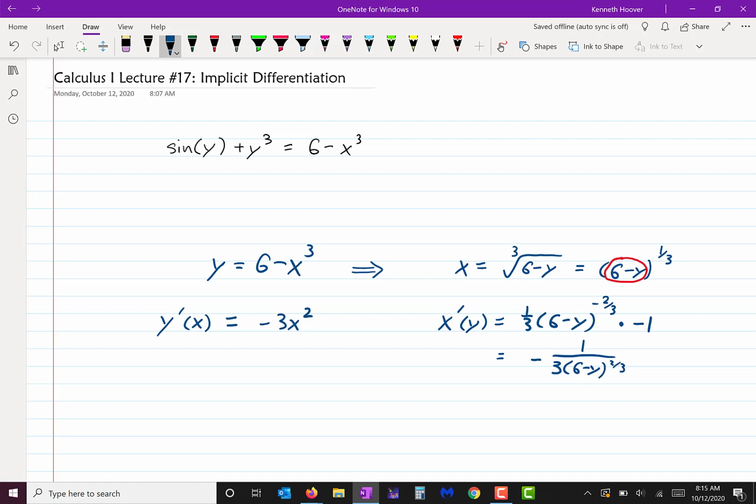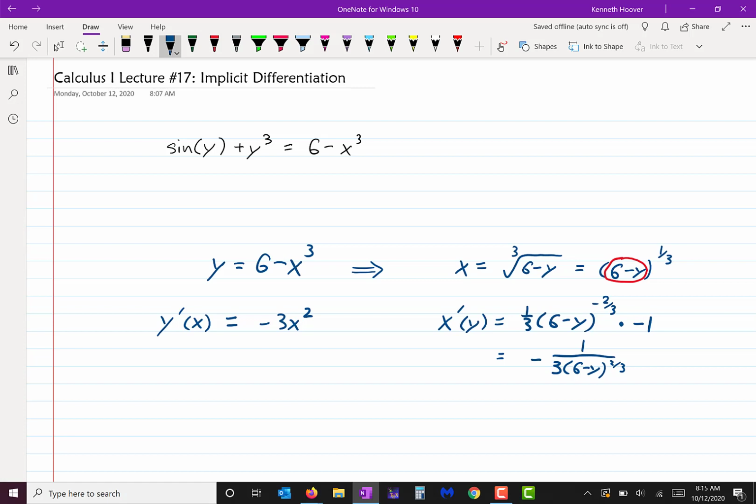Okay, I'm just trying to make the point that 99% of the time we treat x as the independent variable and y as the dependent variable. And so when we're finding derivatives, we're finding the derivative of y with respect to x, because y is a function of x.